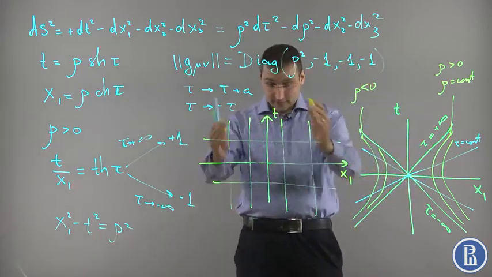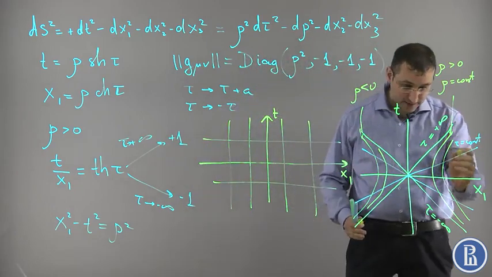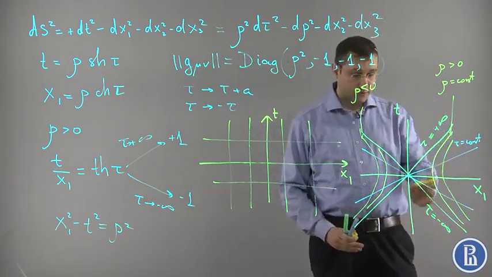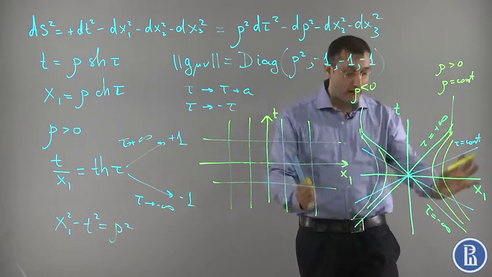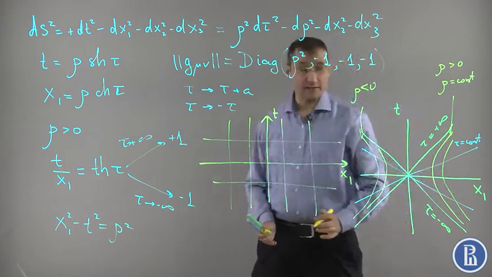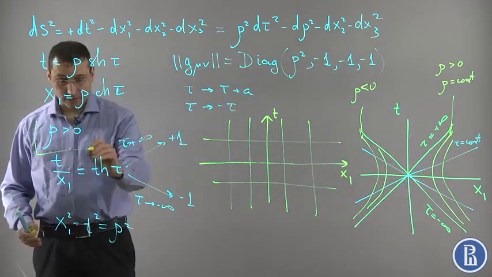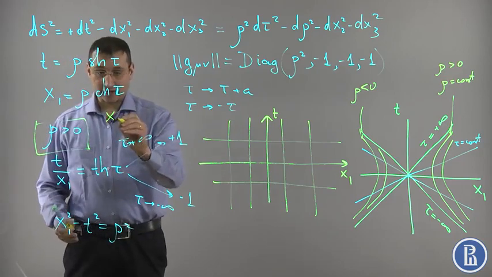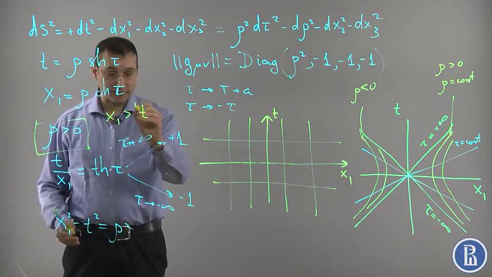So from the rectangular coordinate lattice, we have obtained this kind of strange lattice, which covers only these parts of the entire space-time. The reason for that is when rho is greater than 0, it is not hard to see that x1 is greater than the modulus of t.